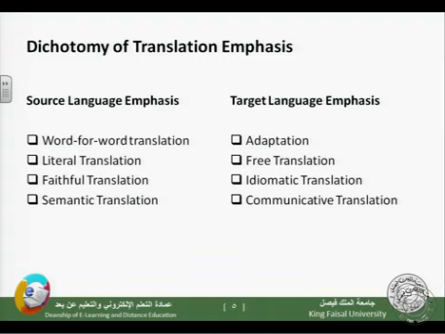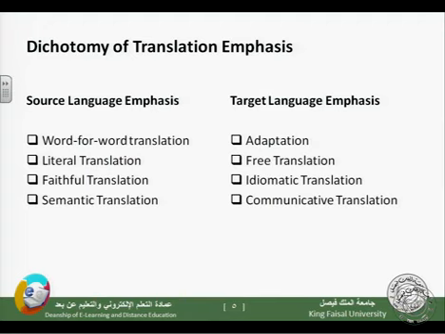If you are going to emphasize the source language text, then we have the following methods: word-for-word translation, literal translation, faithful translation, semantic translation. If you want to give an emphasis to the source language, then you have to use these four methods.